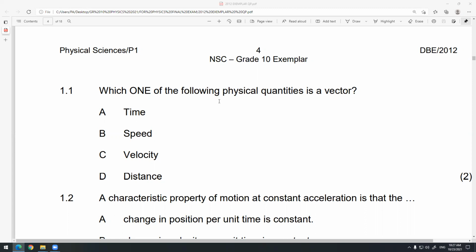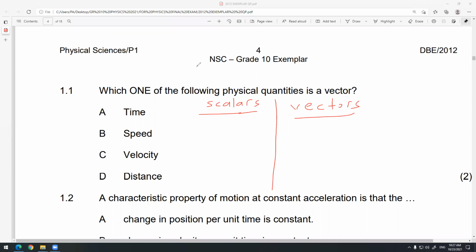So let's remember what a vector is and what a scalar quantity is. First of all, people, let's make our list: scalars and vectors. Scalar means you have only magnitude, only a number and unit.